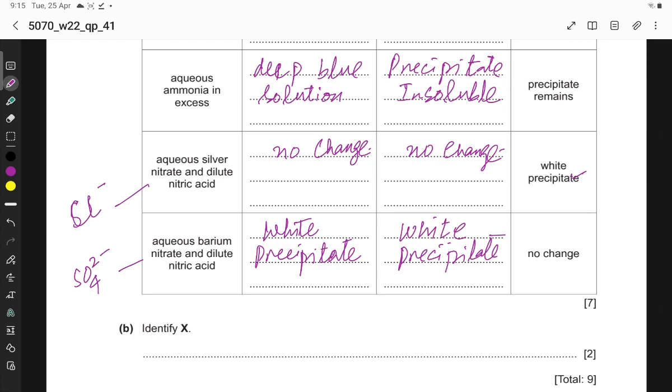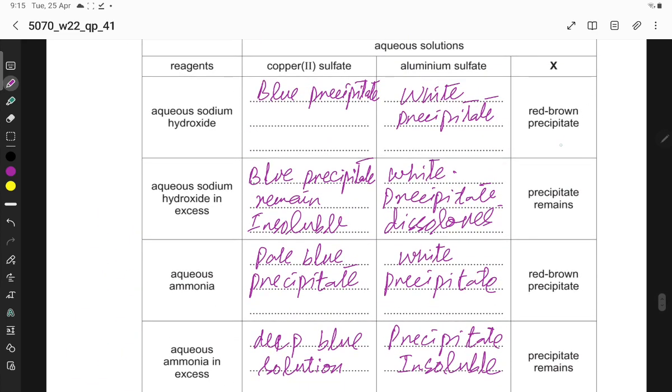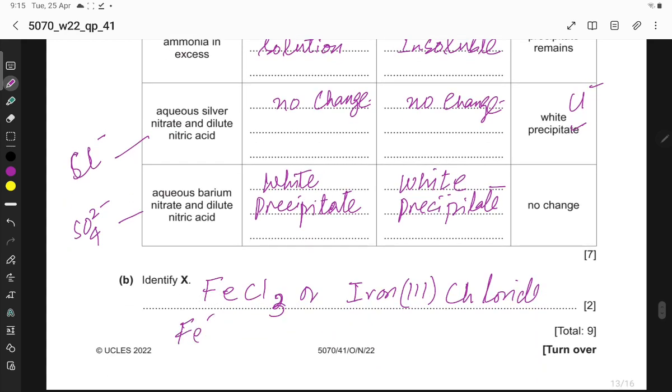So the X is FeCl3, iron 3 chloride. This is the positive test of chloride ion and no change. And the red brown precipitate is the positive test of iron 3, and this is chloride, so the ions are Fe 3 positive and chloride ion.